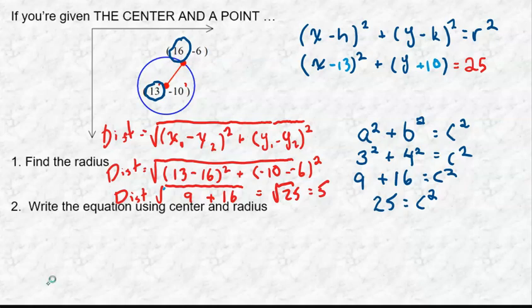And the reason for that here is because when we're talking about formulas of circles anyway, r squared and c squared are the same thing. So it does save a little bit of time. But again, before we move on to the next example, I stress whatever is comfortable for you.